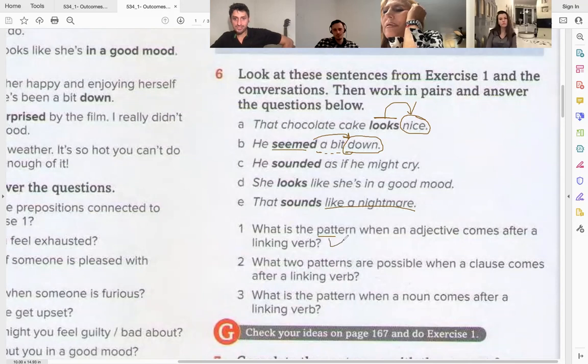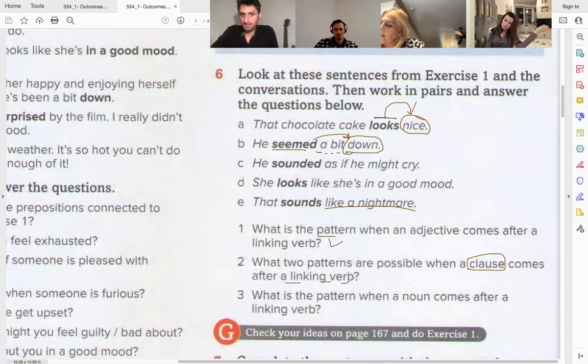What two patterns are possible when a clause, like a sentence or a part of a sentence, comes after a linking verb? That means if the clause has a noun, a verb... As if, okay, that's right. The use of as if, that's one of them, because this is a clause.